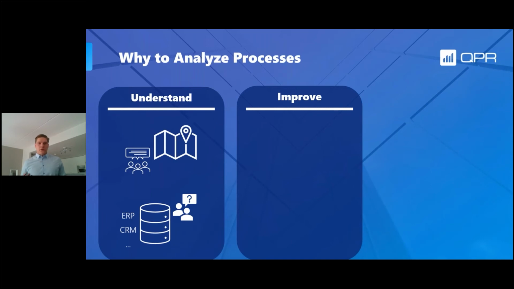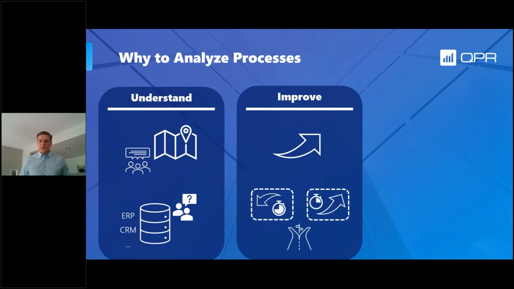So in order to improve, you benchmark yourself against industry standards so that you can see which fields you are good at and which fields you could improve on. This allows you to select the best options for your improvement implementations or improvement projects.